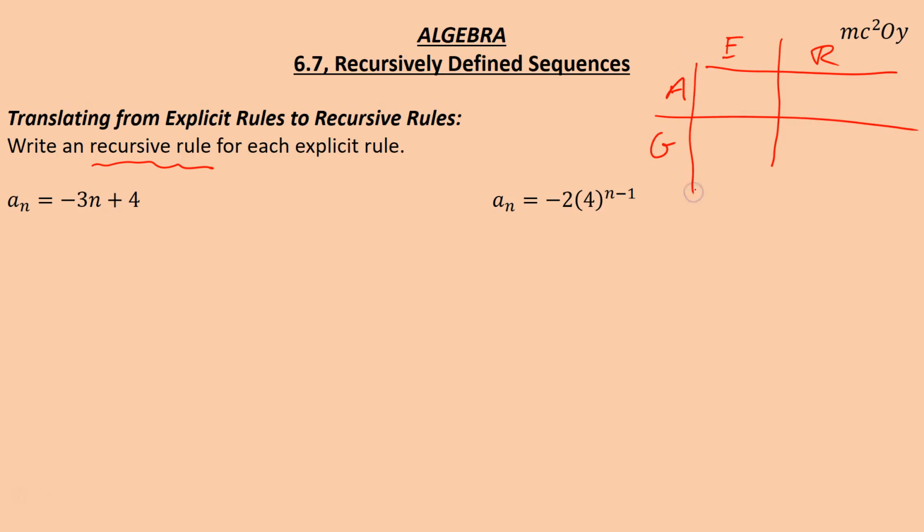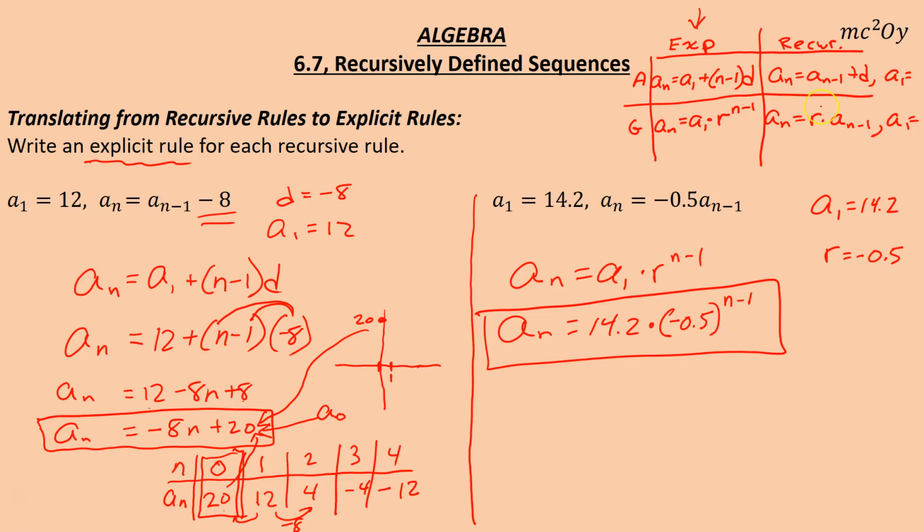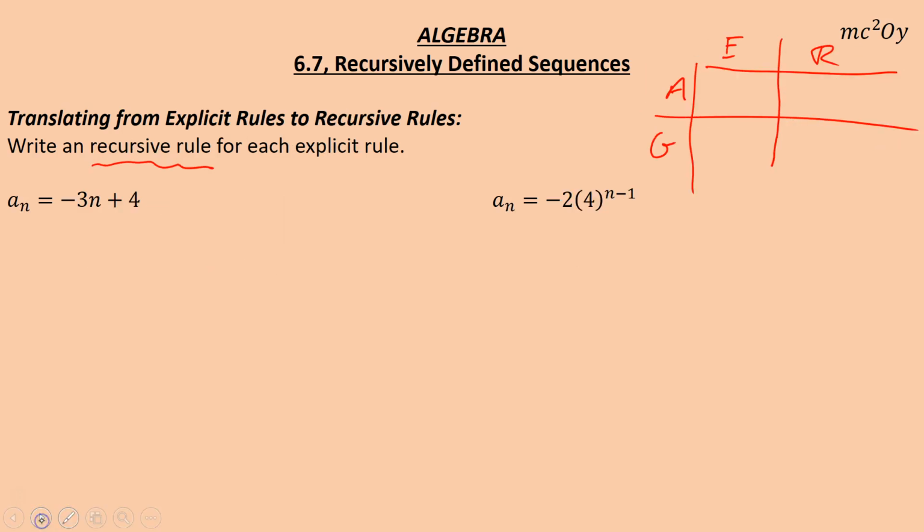If you already wrote them down and you have your printed out slides, then that's good to go. So we have a sub n is equal to a sub 1 plus n minus 1 times d. A sub n is equal to a sub 1 times r to the n minus 1.